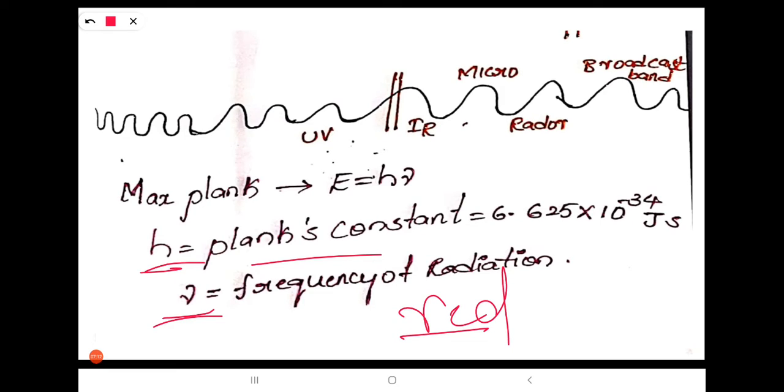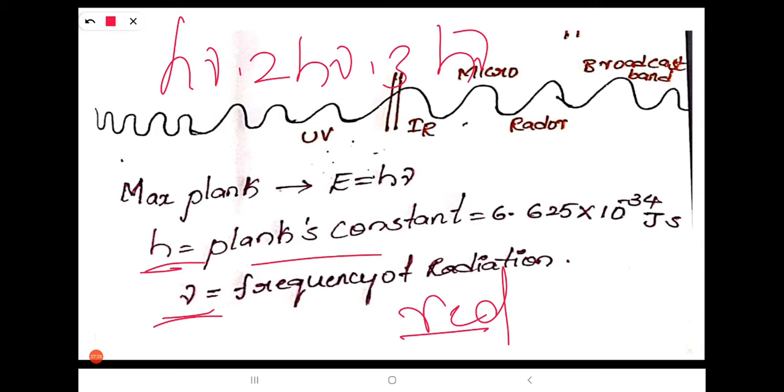So the energy is always emitted in multiples of h nu, for example h nu, 2h nu, 3h nu, like that up to nh nu. So that is the energy for a certain frequency.